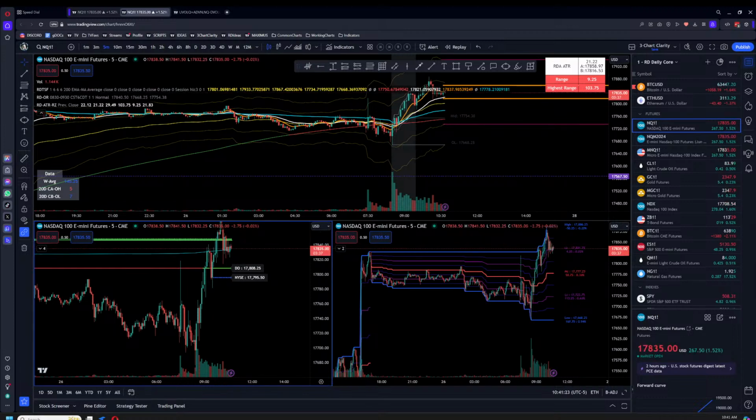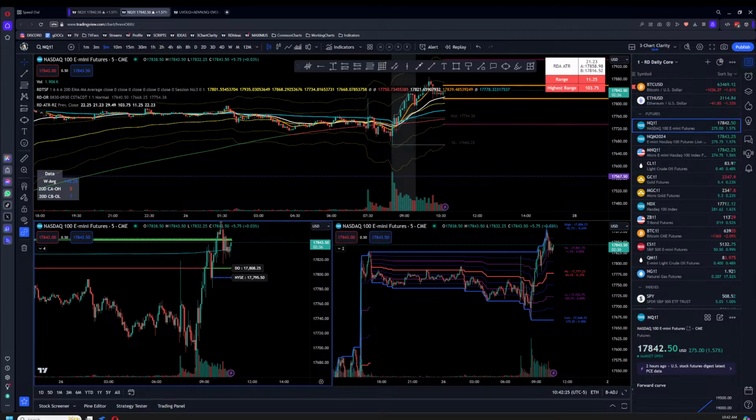Okay, so let's think about this. Once it does close above the opening range high, that would be a positive for it.